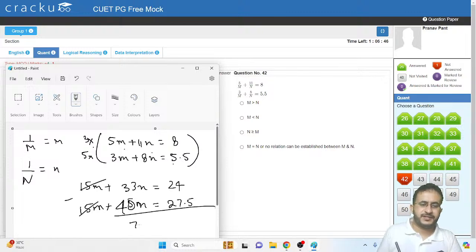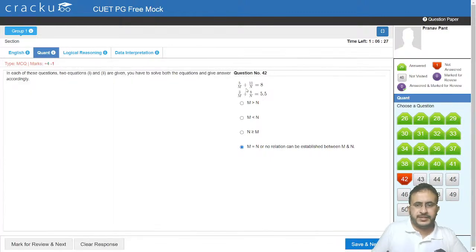We get 7n is equal to 3.5. So n is equal to 1 by 2. Okay, n is 1 by 2. This is 4. 3m is 5.5. Right? 3m is 1.5. So m is also 1 by 2. So both are equal. So m equal to n. Just see 5 plus 11 by 2. It is 16, and this is also equal.